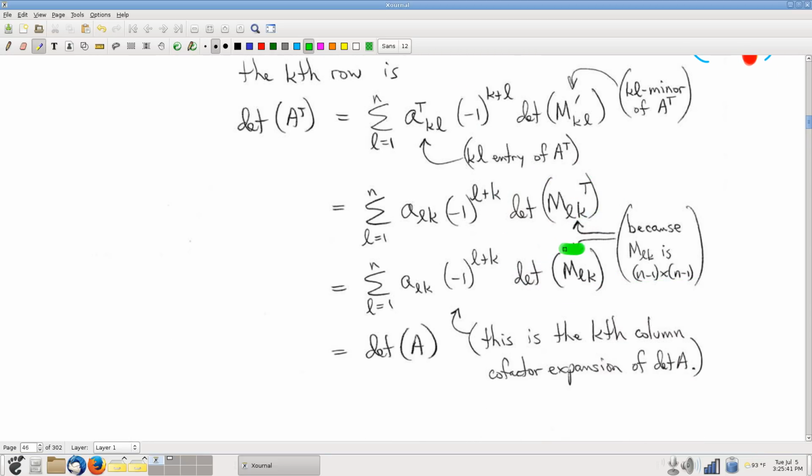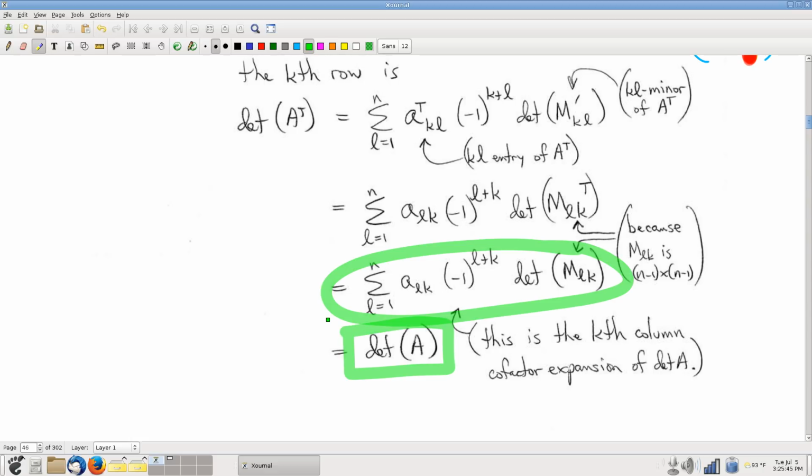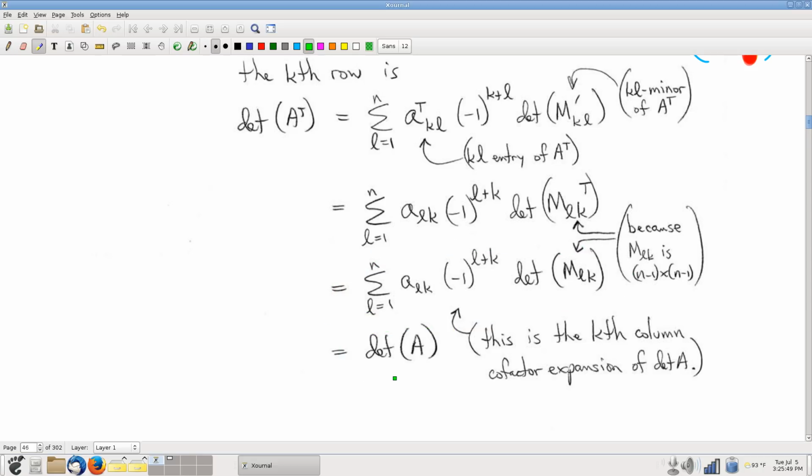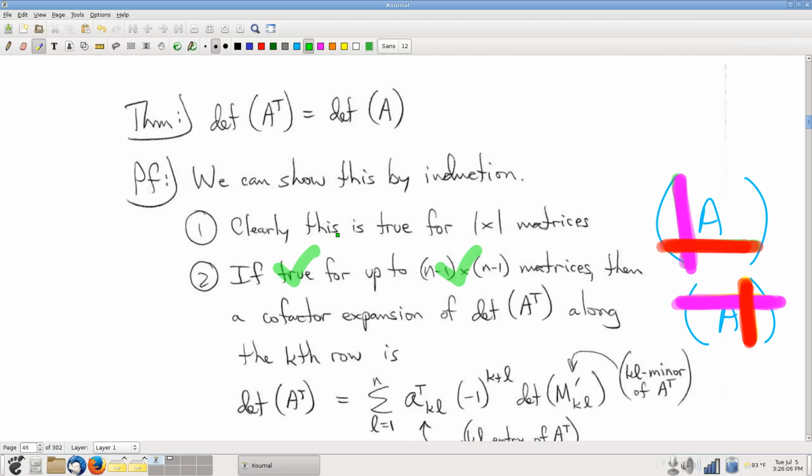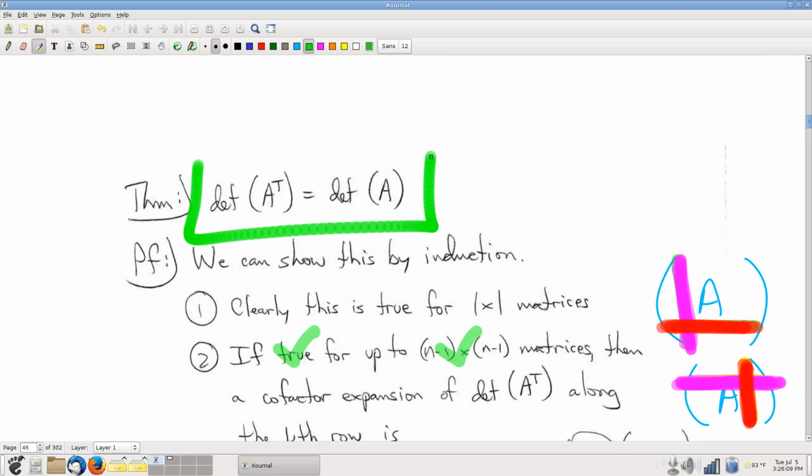And now you look at this formula here, and it is exactly the determinant of the original matrix A. This is a kth column cofactor expansion for the determinant of A. And so just take this formula and look and confirm that this is, per a couple of pages ago, exactly that formula. Okay, so this proves our result that transpose does not affect determinants.